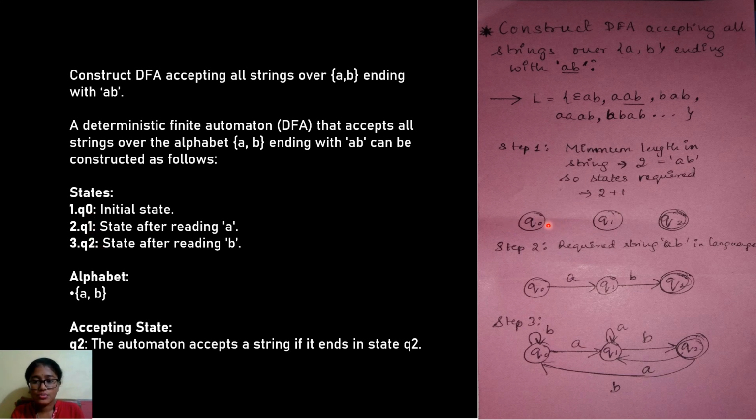We have shown this here, and then the input symbols, that is a and b. The final state is q0, which has been doubly encircled. Firstly we are going to represent ab, which is definitely needed, and according to our language basis, we are adding extra inputs to the transition diagram.